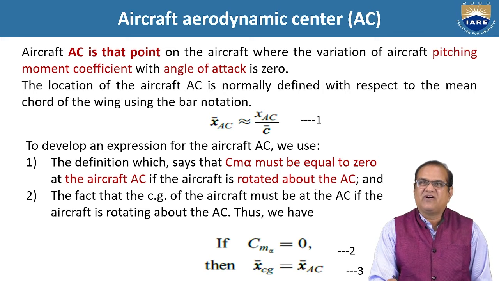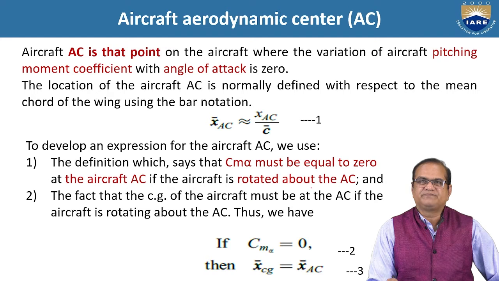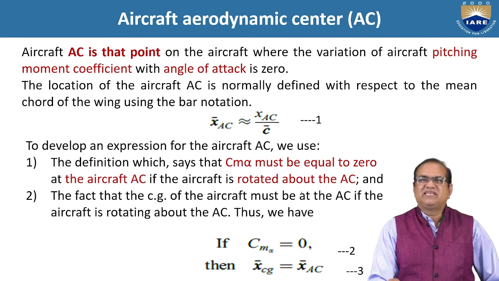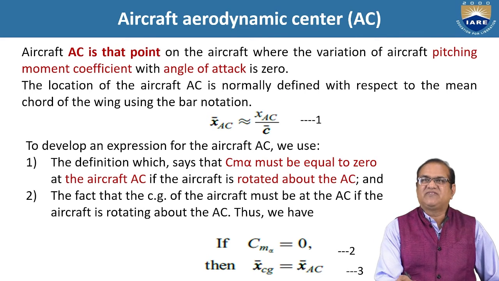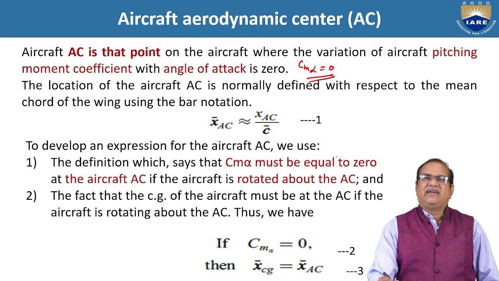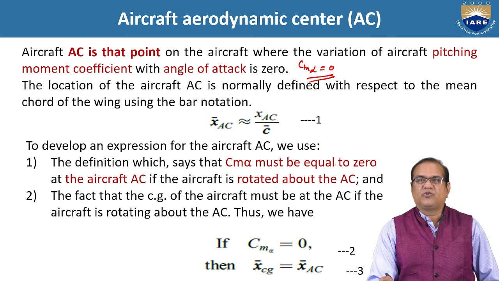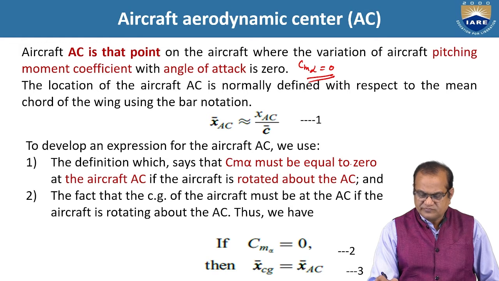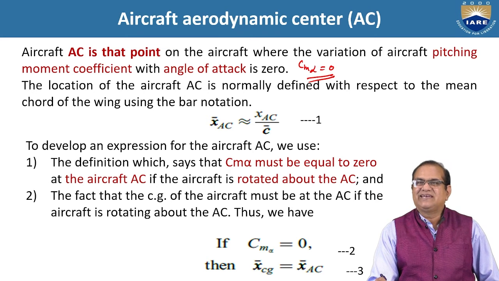To develop an expression for the aircraft aerodynamic center, we use first the definition, which says that Cm alpha must be equal to 0. By this definition, here Cm alpha is equal to 0. So this is the definition of aerodynamic center. So first we have to use this equation, and the fact that if the aircraft is rotated about the aerodynamic center, the CG of the aircraft must be at the aerodynamic center.